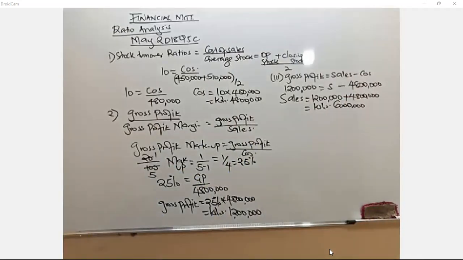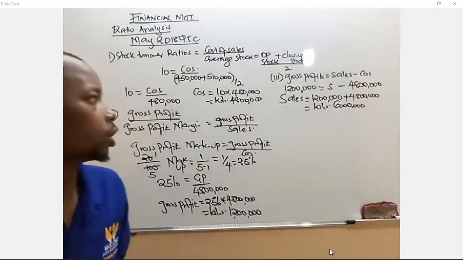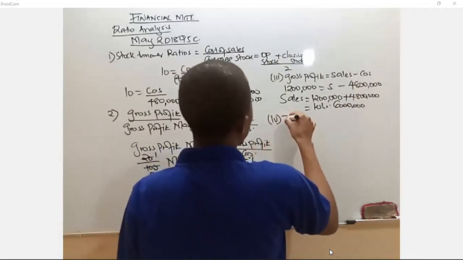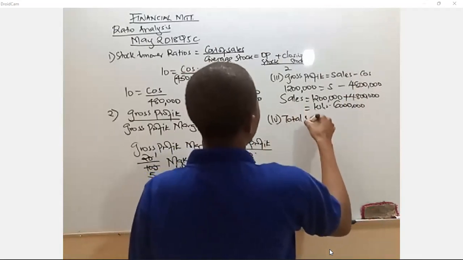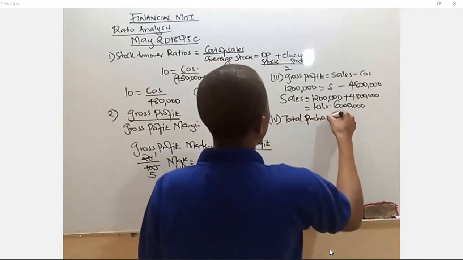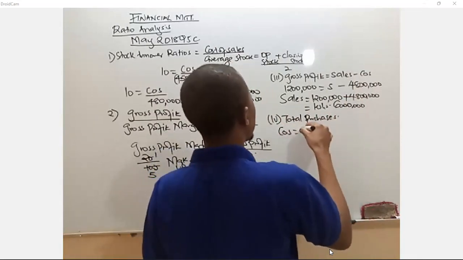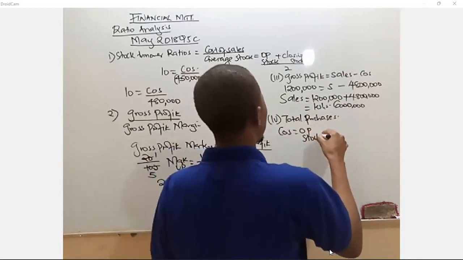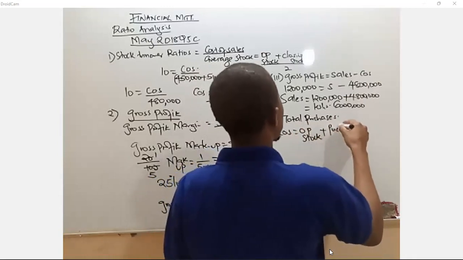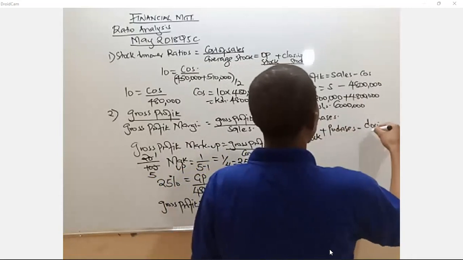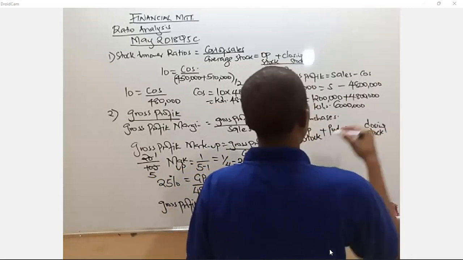Now from there, we look at requirement number 4, where the examiner is asking you for the total purchases. And here, we just need to use common sense. To get your cost of sales, you normally take the opening stock plus purchases minus the closing stock.